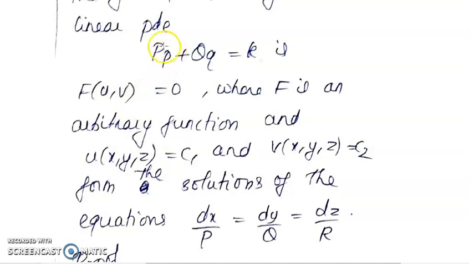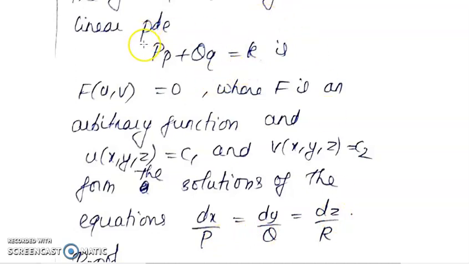If you have an equation of the form Pp plus Qq equal to R, the general solution will be of the form f of u, v equal to 0, where f is an arbitrary function, and u and v are obtained as the solution of the simultaneous equations dx by P equal to dy by Q equal to dz by R. So that is the theorem.